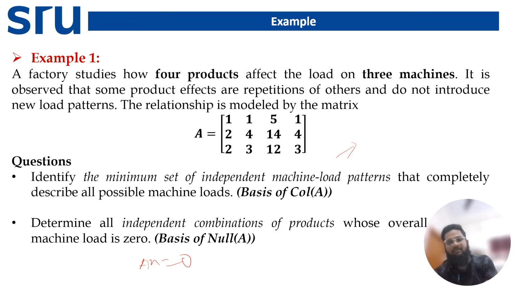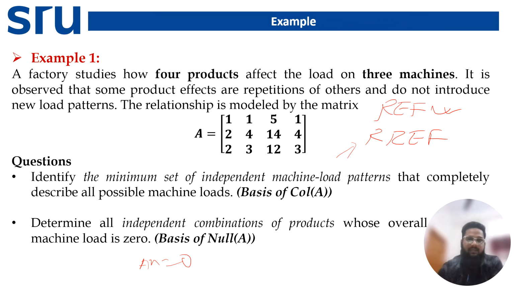Now we will do some mathematics to find the basis of the column space and the basis of the null space. To solve this kind of problem, we should note two important concepts: one is called row echelon form, and the other is row reduced echelon form. Row echelon form means a different kind of form of a matrix.